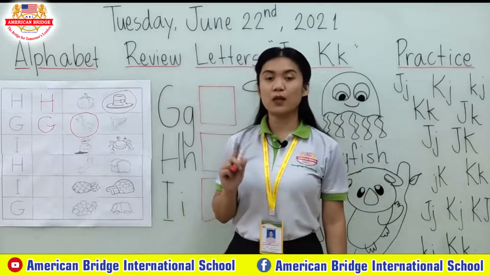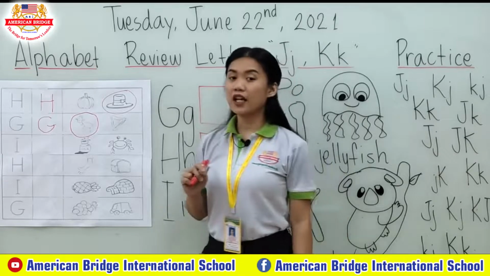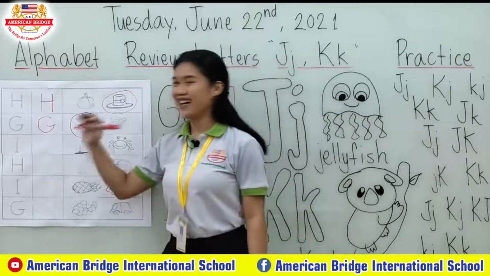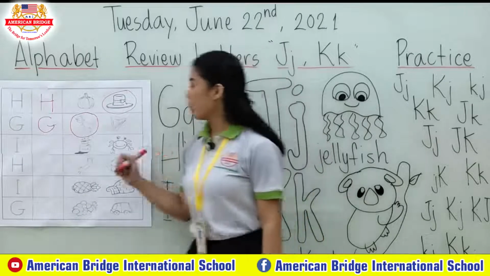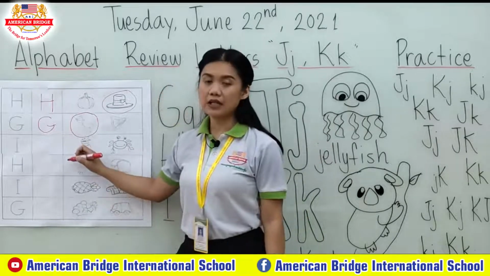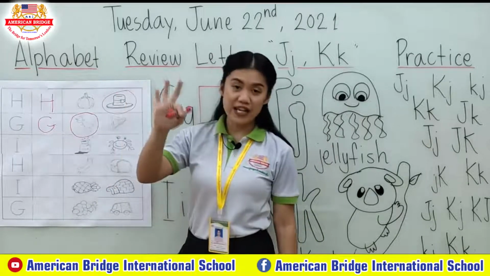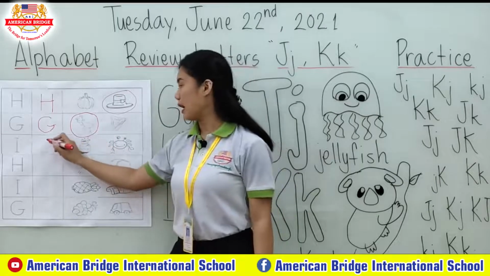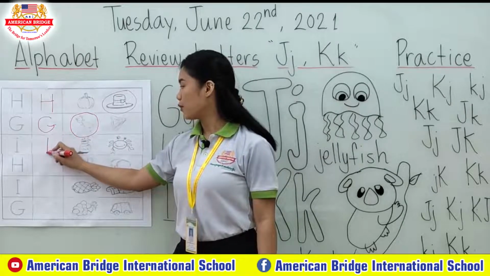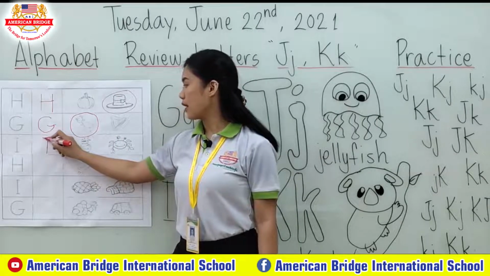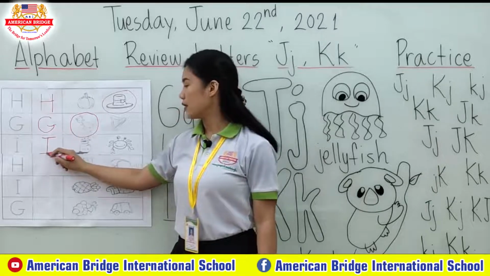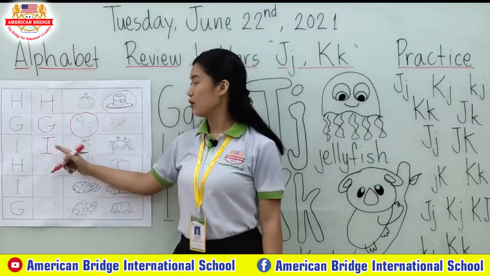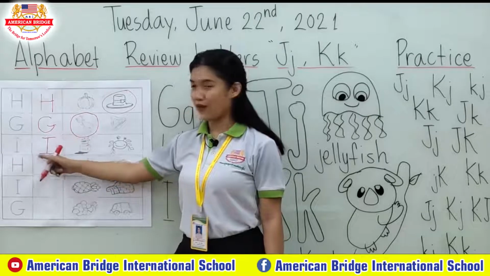Next letter is what letter? Letter I. Okay. Now let's write the capital I. We have 3 steps to write capital I. First is from up to down, then side, another side. So 1, 2, and 3.